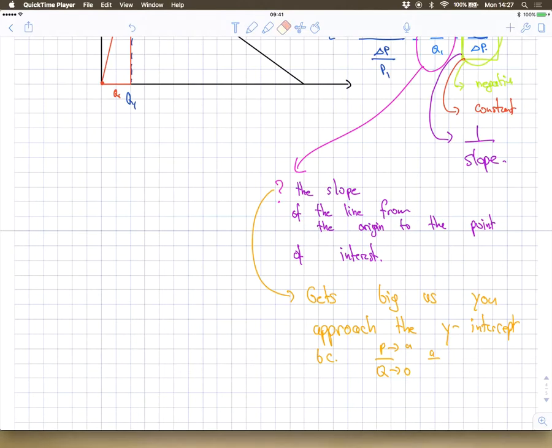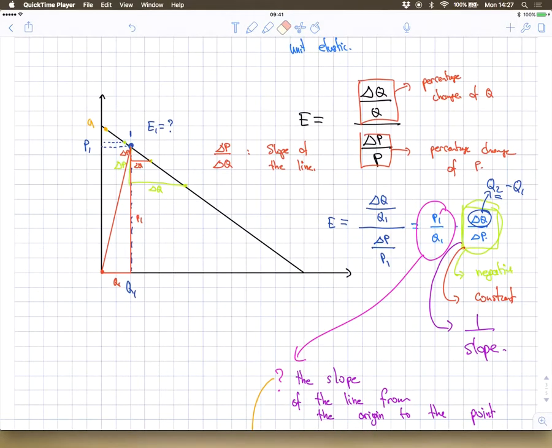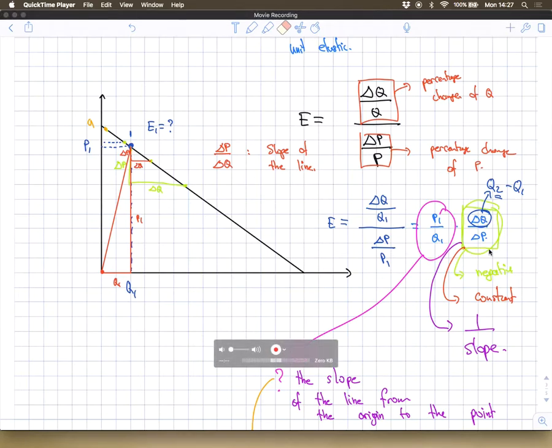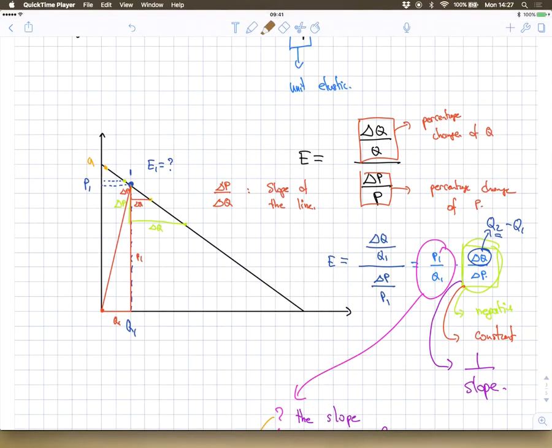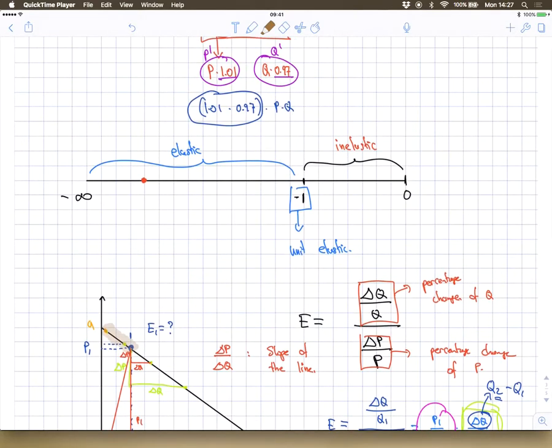Okay? So if this slope here, this 1 over Q, is negative and constant, and this P1 over Q1 goes to infinity as I get closer to the y-axis, what should be my demand here? Should it be elastic or inelastic? Elastic. It should be the elastic part of that demand.